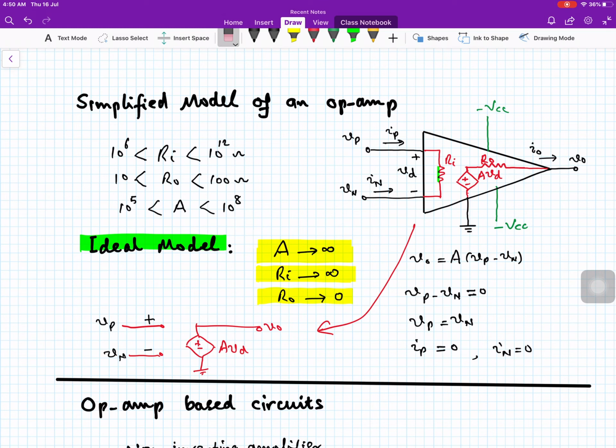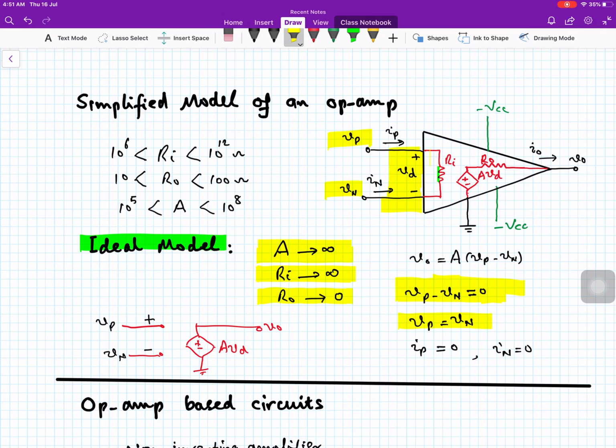Due to this ideal model, Vp minus Vn, the voltage difference between these two inputs, non-inverting and inverting, will be 0 volt. It means that Vp is equal to Vn, so the difference Vd will be 0.